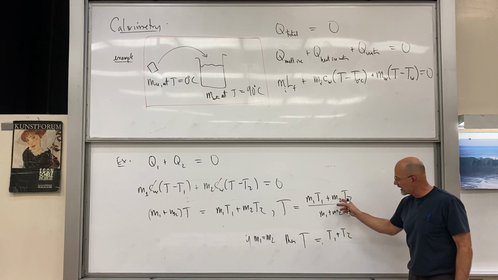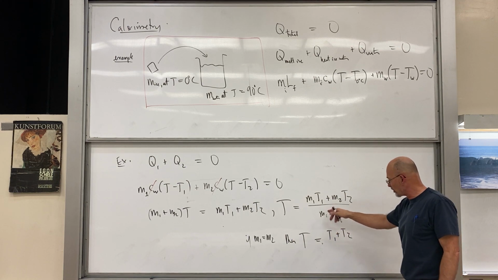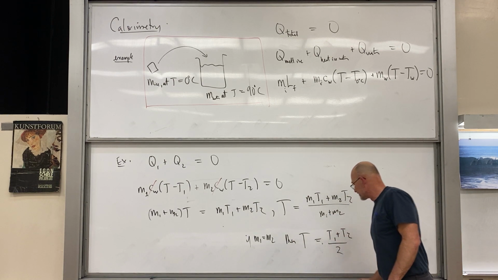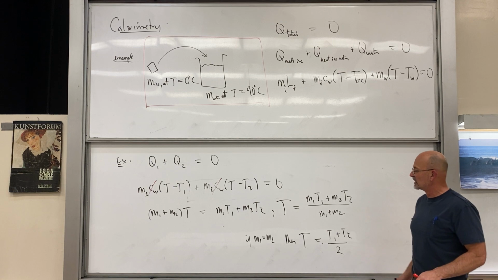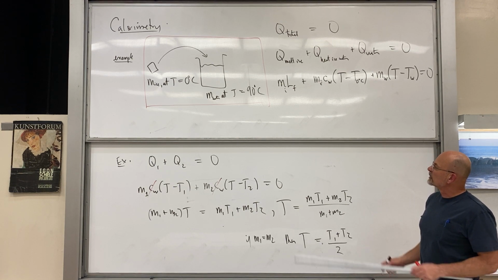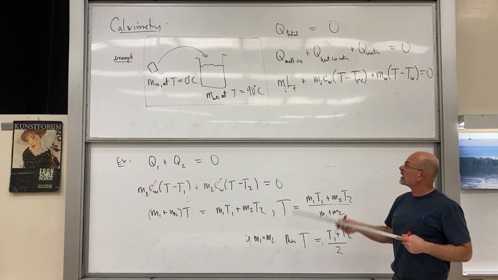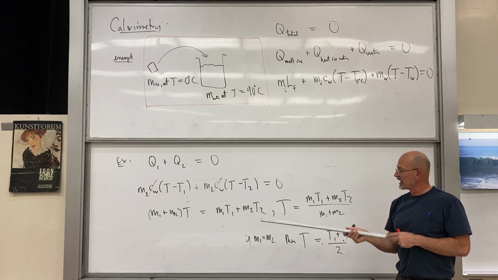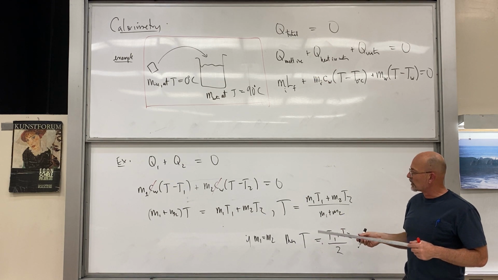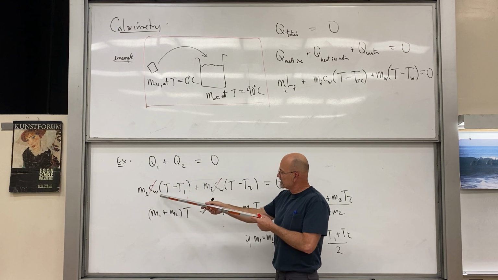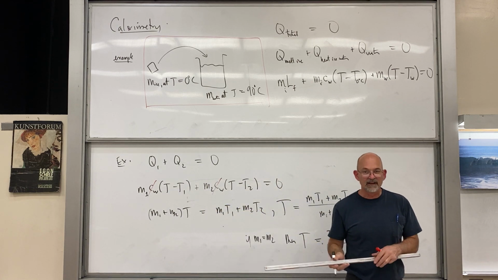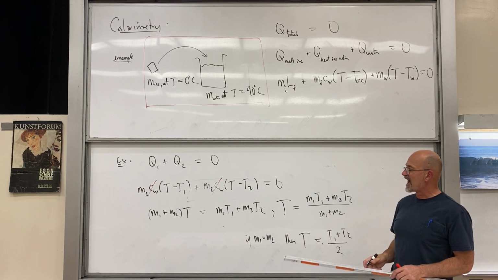Right, so pulled out the M1, and then 2M1, 2 in the denominator, literally the average of the two. Okay, so those are two good calorimetry examples, one of them with the latent heats and one without. And of course, with different masses, different specific heats, you're going to have to use a calculator to tease out the actual number.